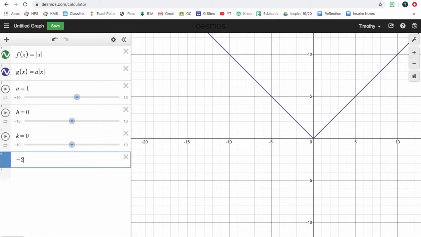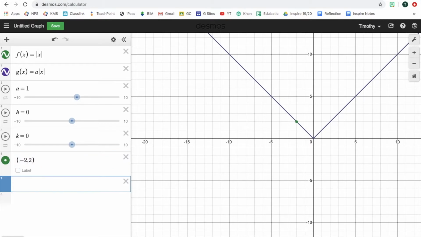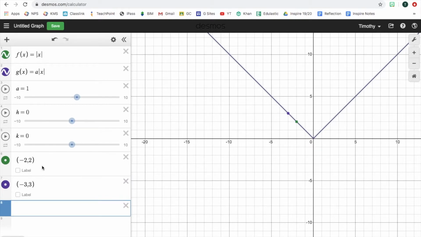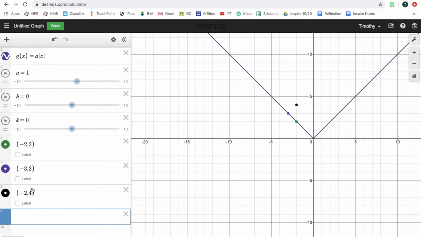This is negative 2, comma 2, and I'll also put negative 3, comma 3. We expect this negative 2, comma 2 to just go from here to here. If you look at my cursor, here to here. So that is negative 2, comma 4, and we expect this to go to negative 3, comma 6.